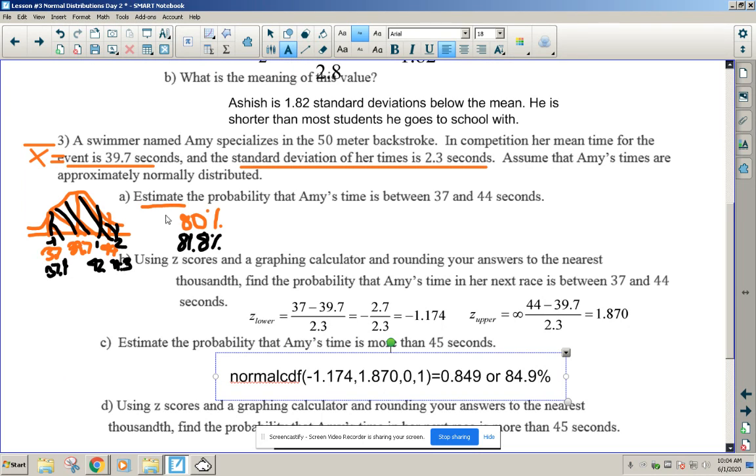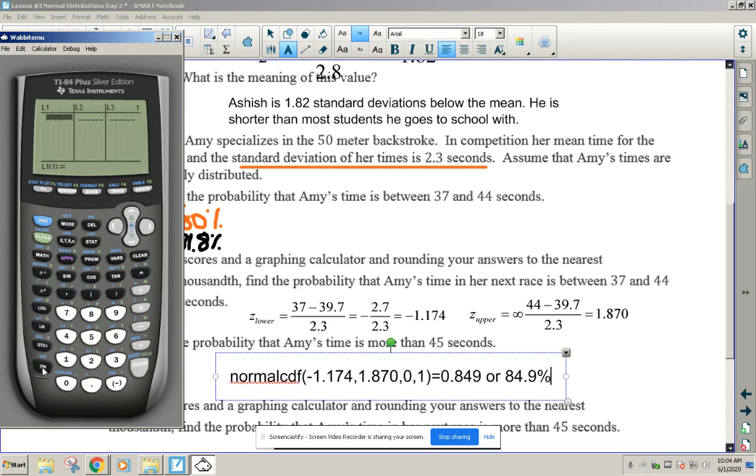So using the normal curve would have given us around 81, 82%. Using the actual data gives us almost 85%. They're pretty close, but if you can use the calculator and do the exact calculation, you're going to be so much better. So again, let me use the calculator and just show you.